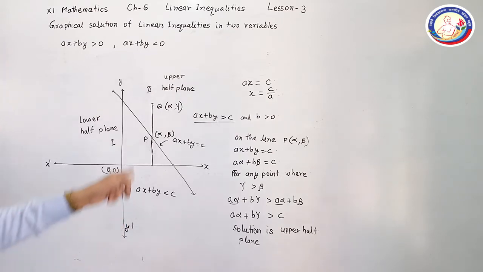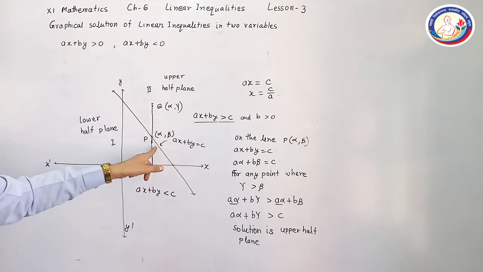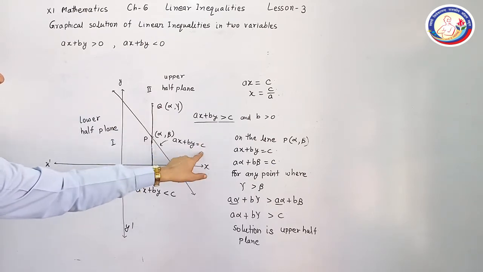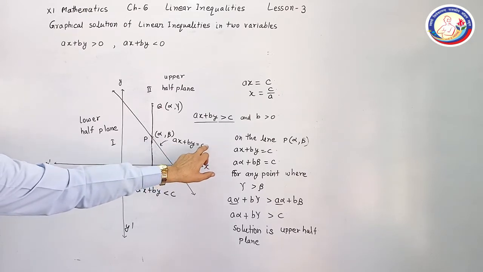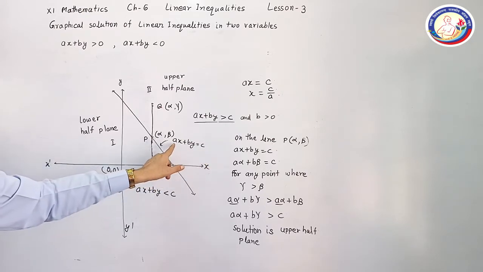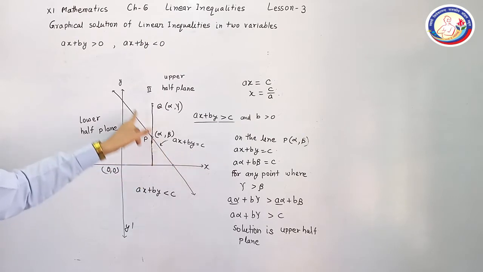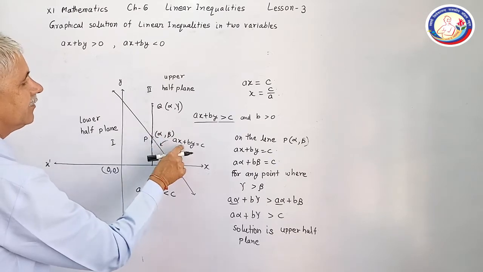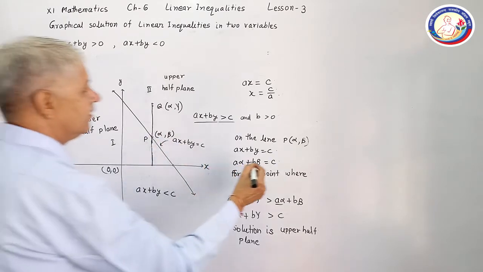We know that for each point on a given line for any equation like ax plus by equal to c, the pair will represent the solution of this line. Say this is a point P here, (alpha, beta), then this will satisfy this equation. I have written it here.